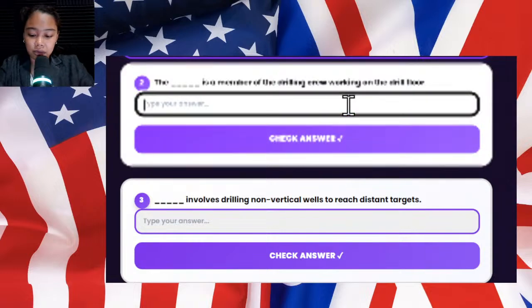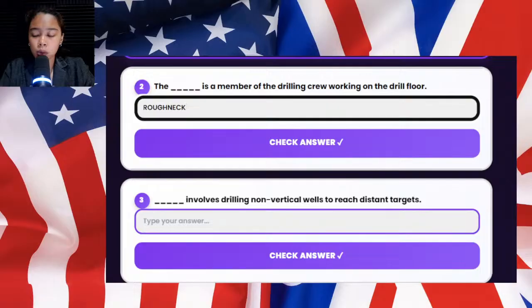We call it roughneck. This is the spelling: roughneck. That is one word, so you do not separate rough and neck with a space. It is one complete word. Roughneck. Now let's check.